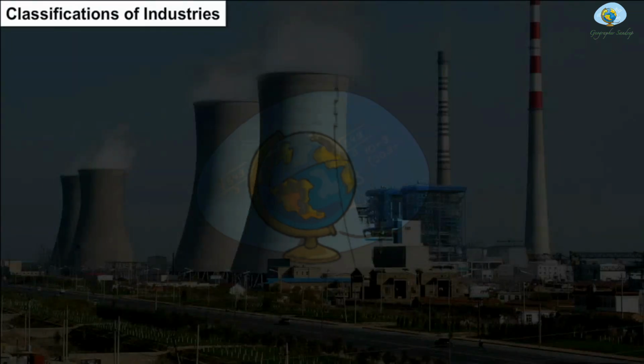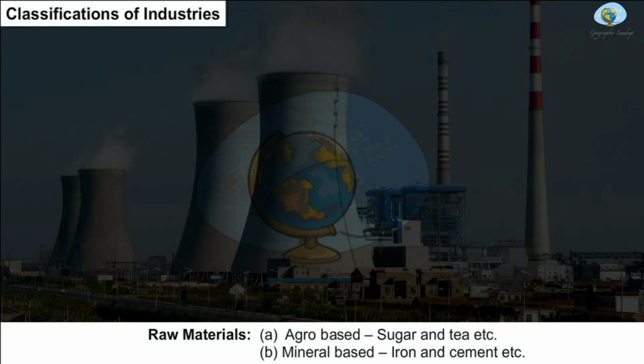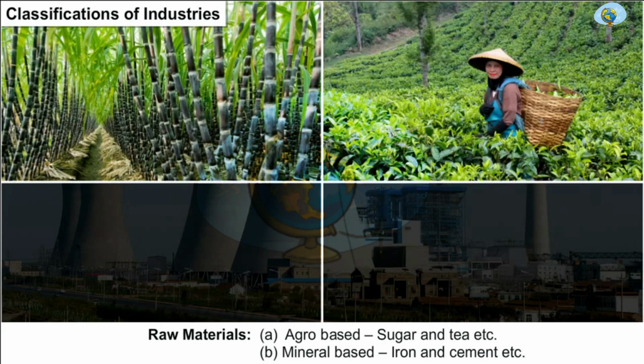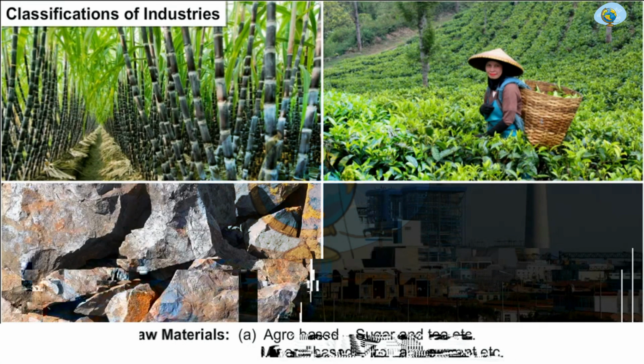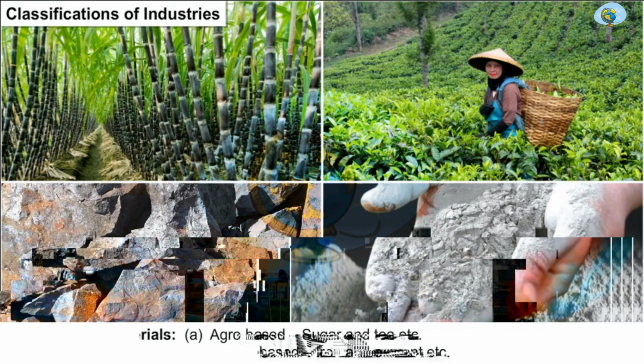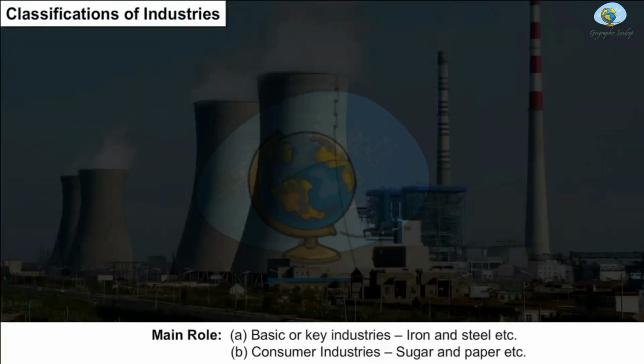Classifications of industries. Industries may be classified on the basis of: 1. Raw materials: A. Agro-based, sugar and tea, etc. B. Mineral-based, iron and cement, etc. 2.